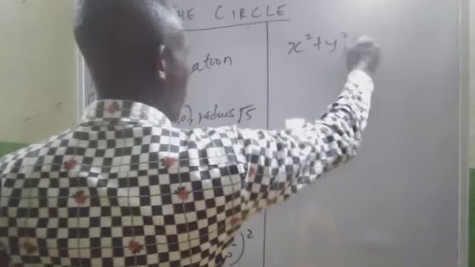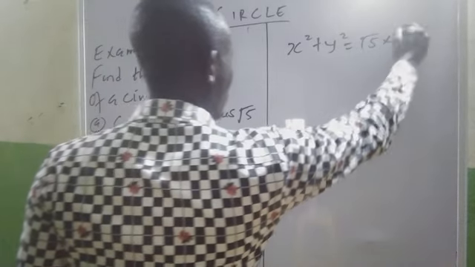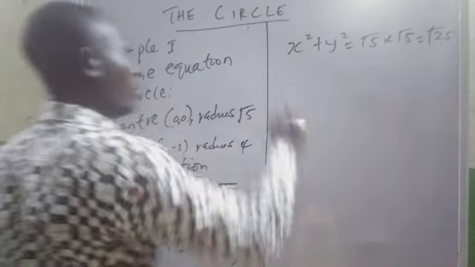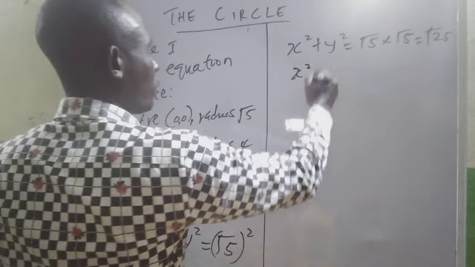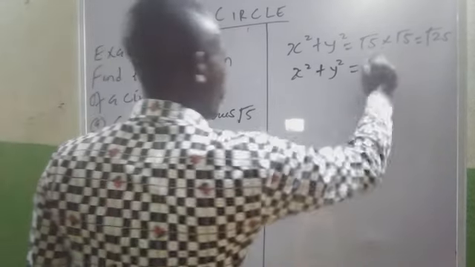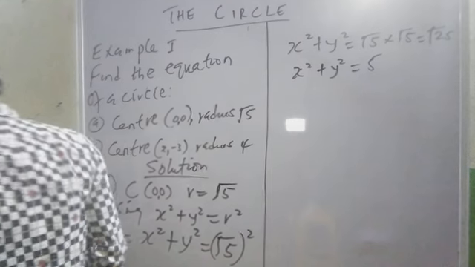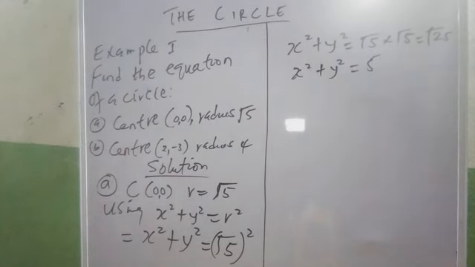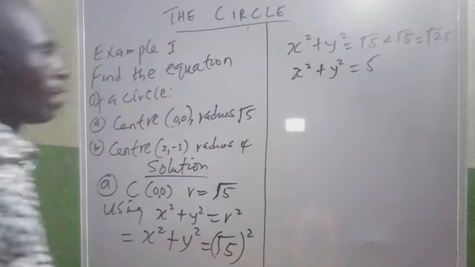Root 5 times root 5 is 5 for simplified reason. So x squared plus y squared will be equal to 5. That's for the first case.